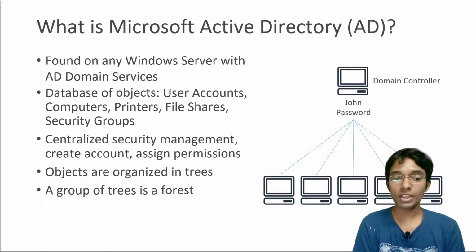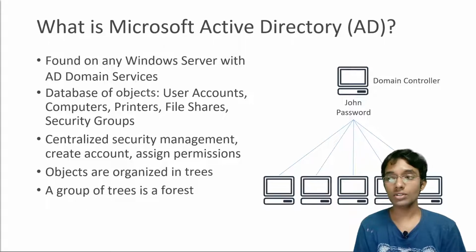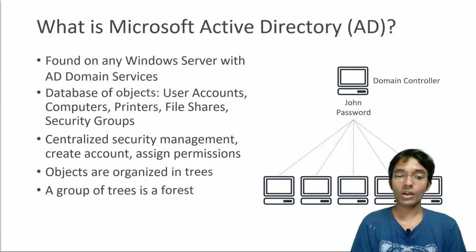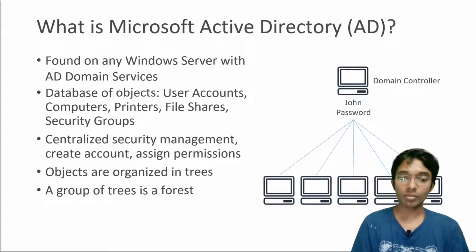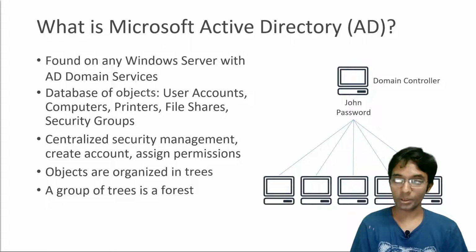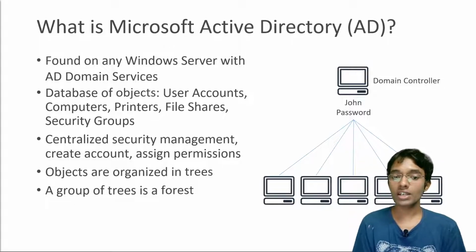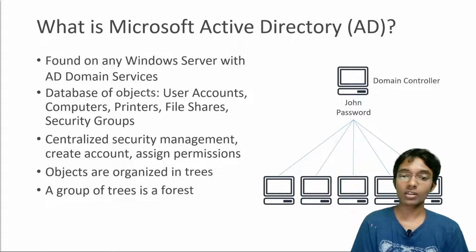So what do we have with Microsoft AD here? For example, we have a domain controller that knows that John is the username and the password is "password", which is not a very strong password, sure. But anyway, we have other Microsoft machines connected to this domain controller. The beautiful thing is that now one can use John's password on any of these machines to connect, and Active Directory will check the login itself.